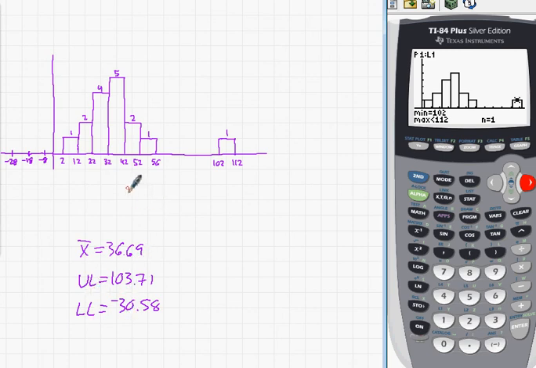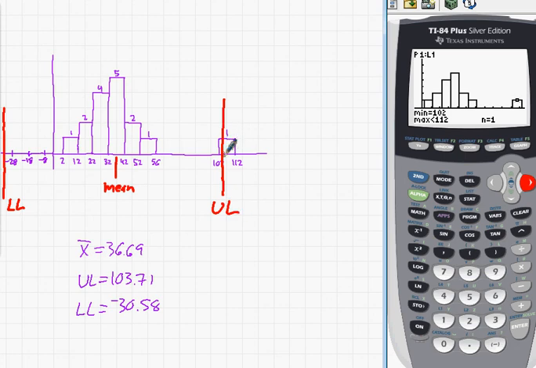So the mean is somewhere in here. Our lower limit is negative 30 or so. So there's our lower limit. Our upper limit is 103.7 or so. So there's our upper limit. And you can see it splits this box.